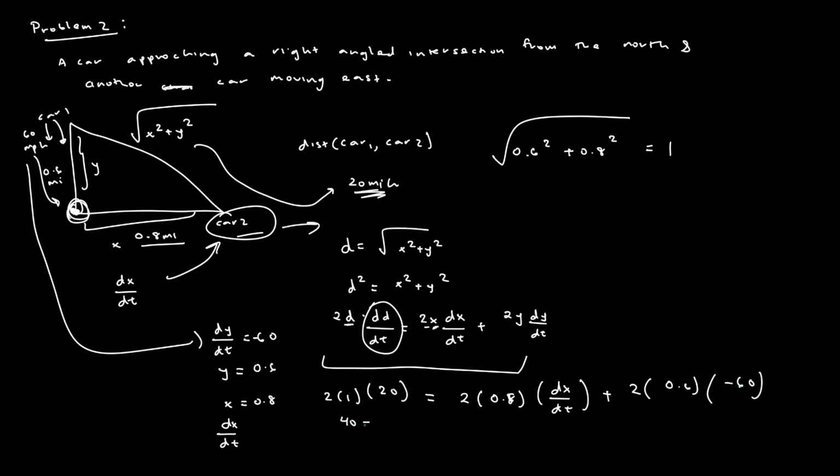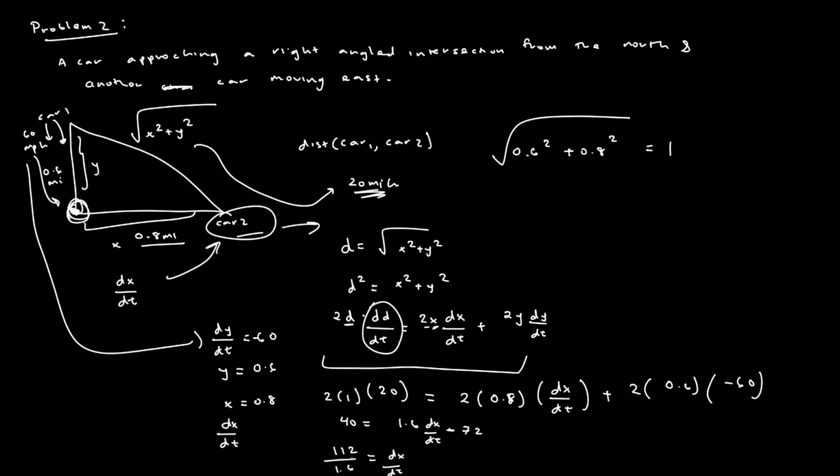So 40 is equal to 1.6 times dx over dt, and then over here you get minus 36 minus 72. And so 72 plus 40 is equal to 112 divided by 1.6 is equal to dx over dt.